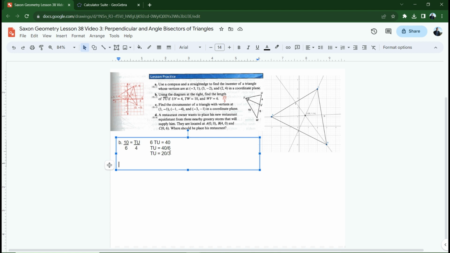You have to find the line that contains (3, -1) and (-1, -4). How could you find the equation of a line that contains 2 points? Well, you'd have to find the slope between those 2 points using the slope formula. You know how to do that. Then you have to plug the slope into the slope-intercept form of the equation and plug in one of the points to find the y-intercept. And then once you have the slope and the y-intercept, you know that line.